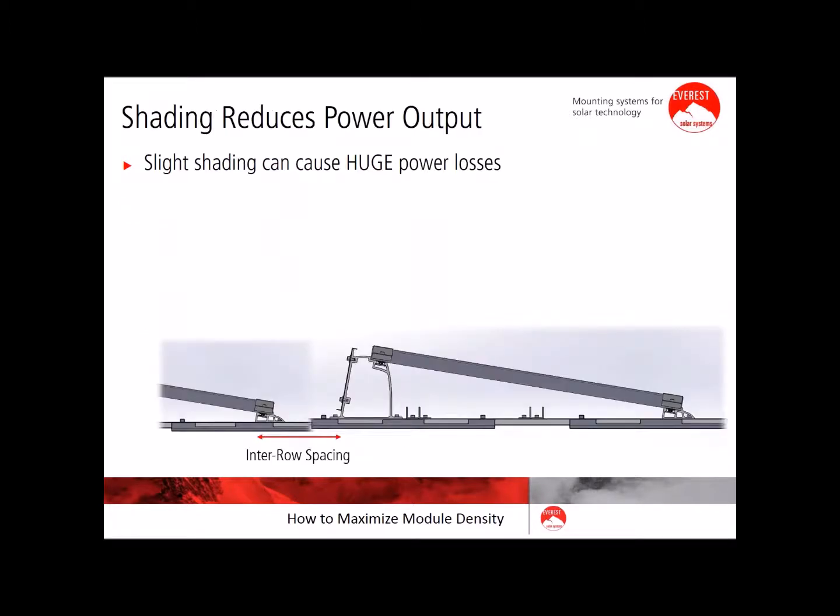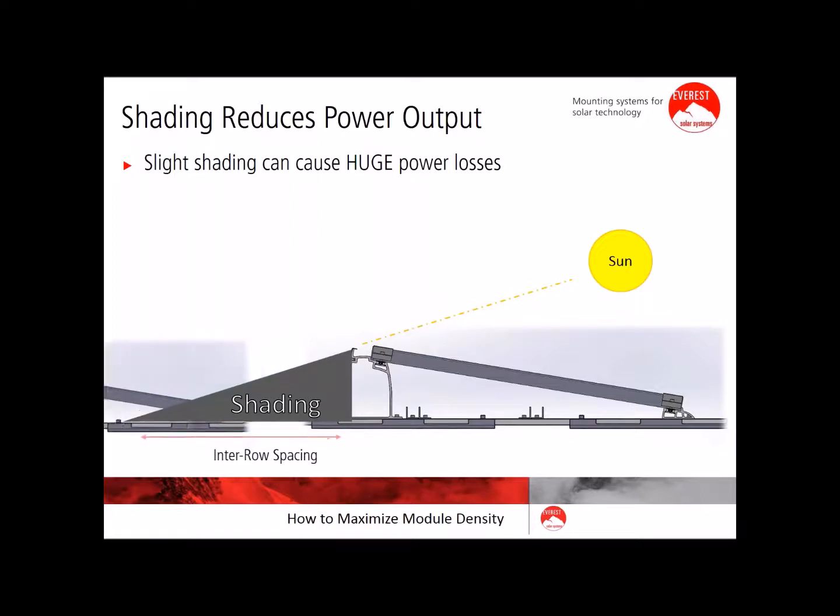So as I stated before, inter-row spacing, I'm sure a lot of you are familiar with this, is really just making sure that we're not getting any shading on the panels, as you can see in this diagram here.